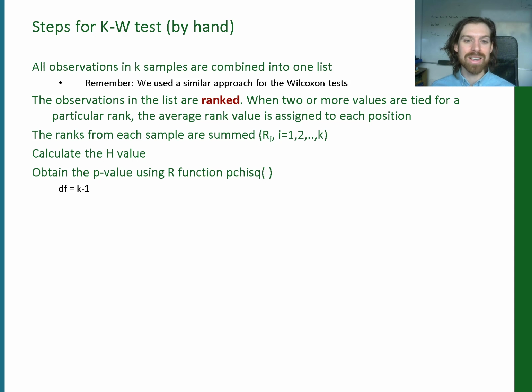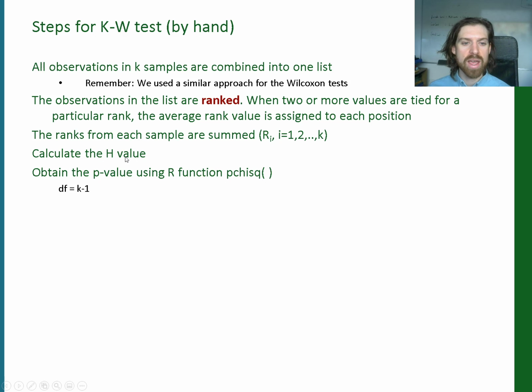Then we need to sort the observations and rank them based on their position within the overall distribution. When two or more of the values are tied, we use the average rank, which is assigned to each of those positions. And the ranks for each of the samples are then summed.